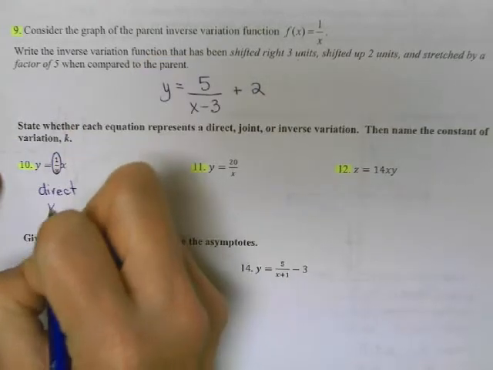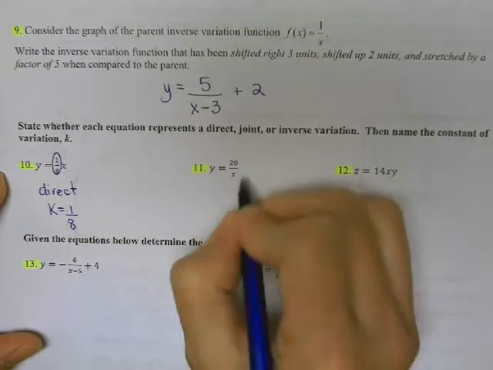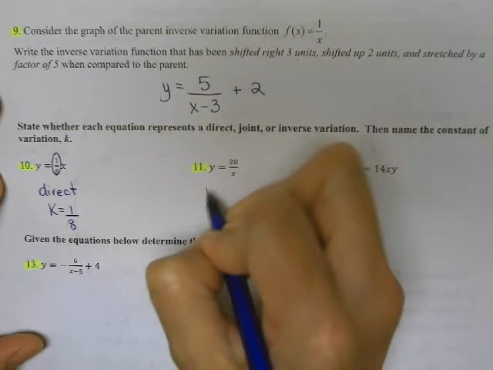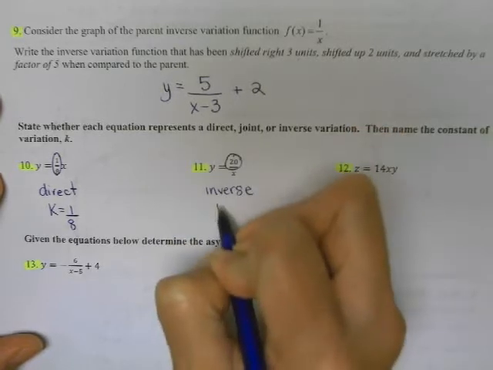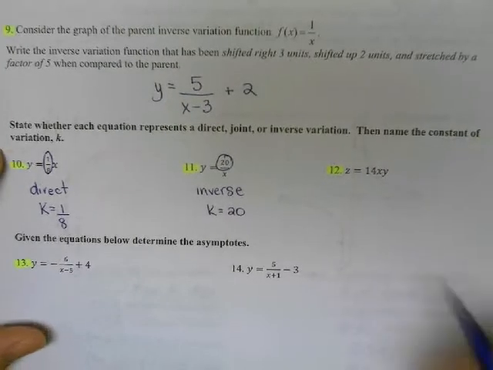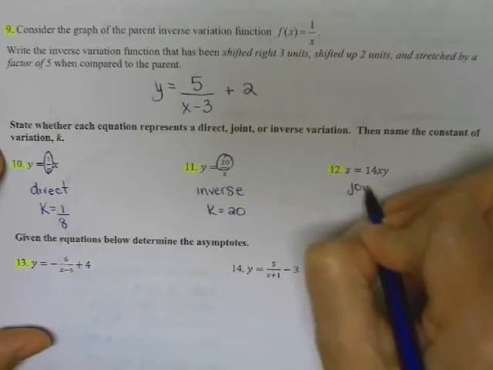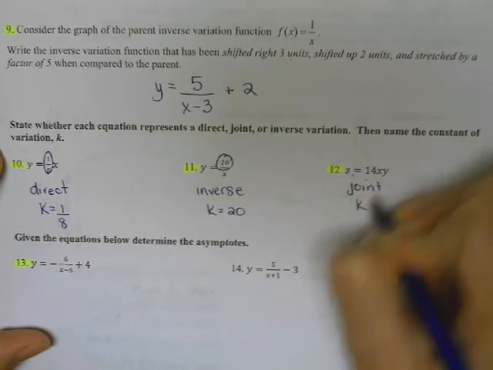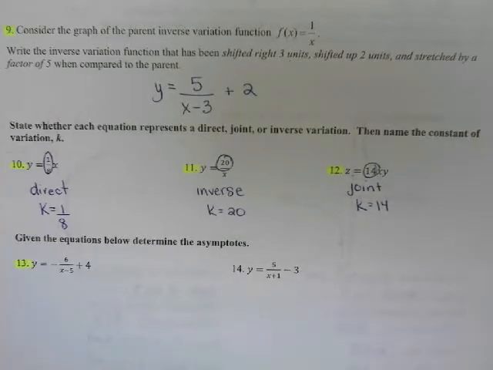And right here is my k, so 1/8. 11, because I have a variable in the denominator, this is inverse. And k this time is 20. 12, I have 3 different variables, so I know that this is joint, and k is 14.